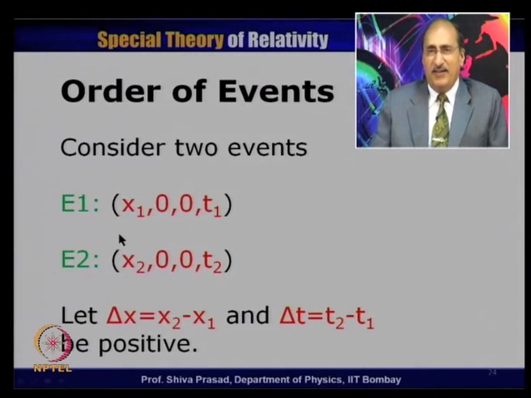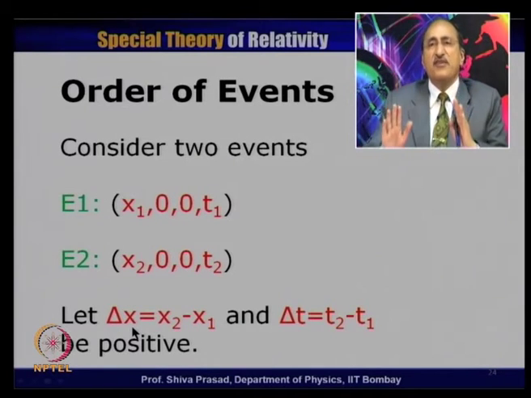Now, for simplicity, let us assume that x2 minus x1 is positive, which I am calling delta x. So, delta x I am defining as x2 minus x1. Similarly, let me assume that t2 minus t1 is positive. t2 minus t1 I am defining as delta t. So, I am assuming that delta t and delta x both are positive.